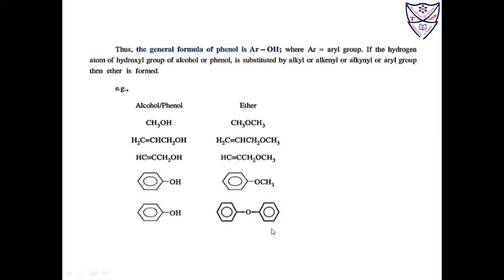Here again with the aryl group, this is an aryl group, aromatic. We will say aromatic or aryl group, Ar. The name of this one is dimethyl ether, or we can say methoxymethane. Okay, so these are the examples. Next.